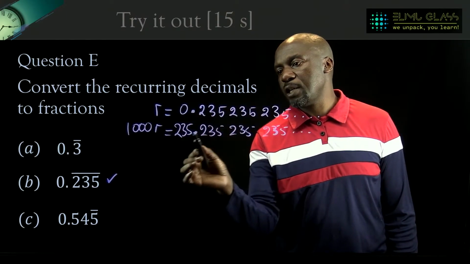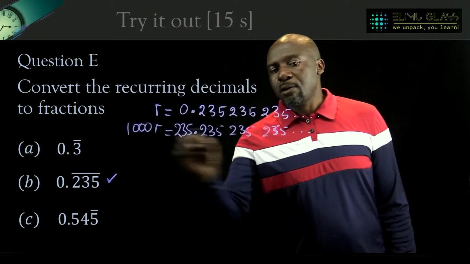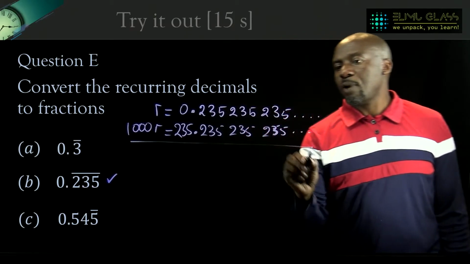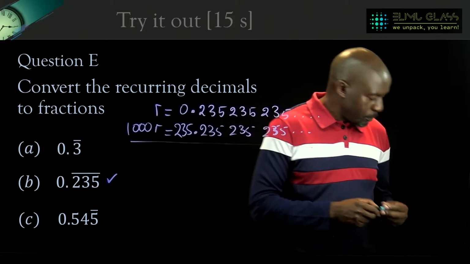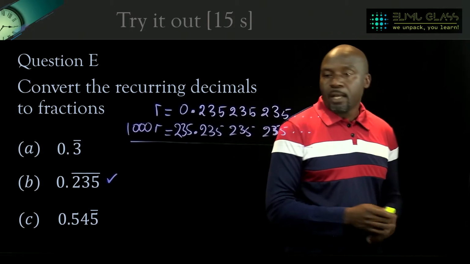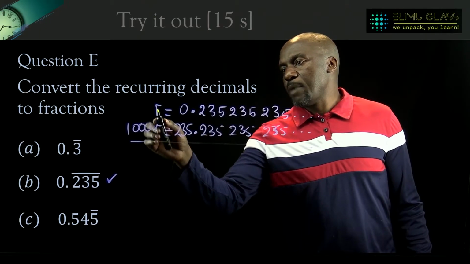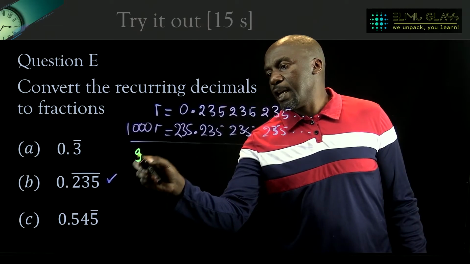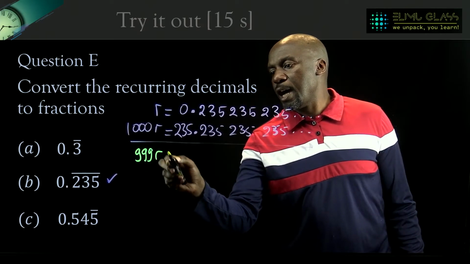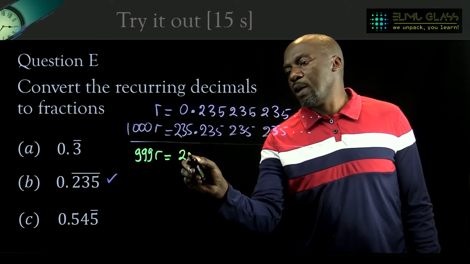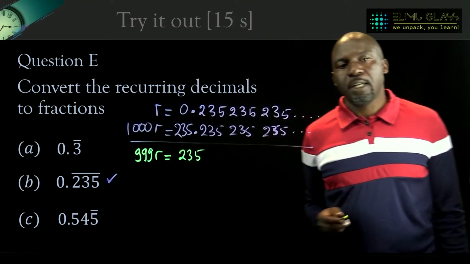Now I have my equation 1 and equation 2. What I want to do now is subtract upwards, so 1000R minus 1R is 999R, which must be equal to 235.